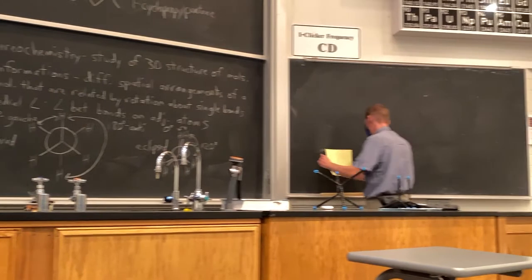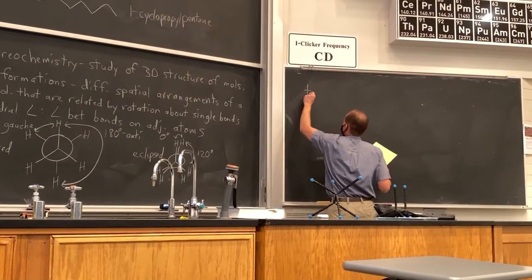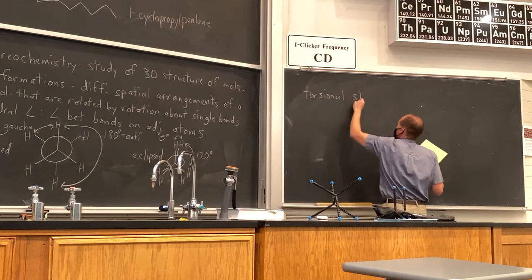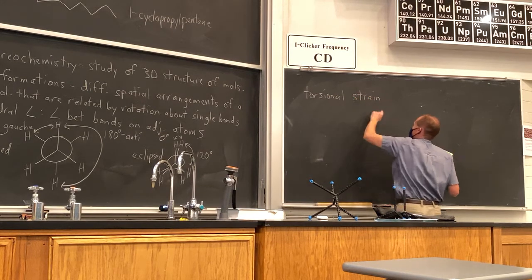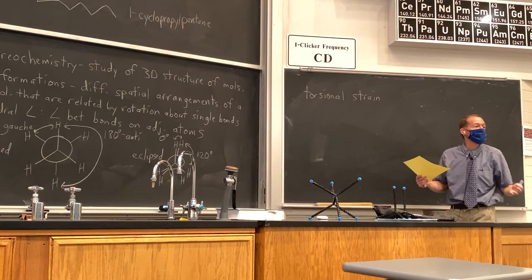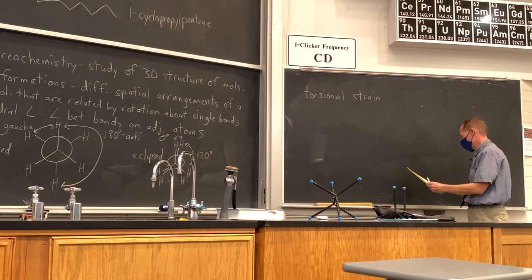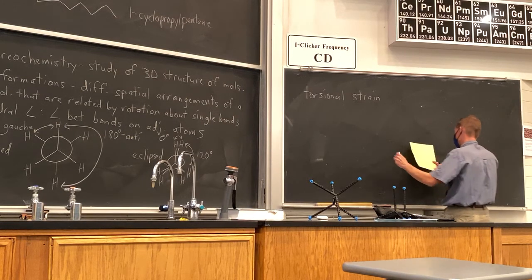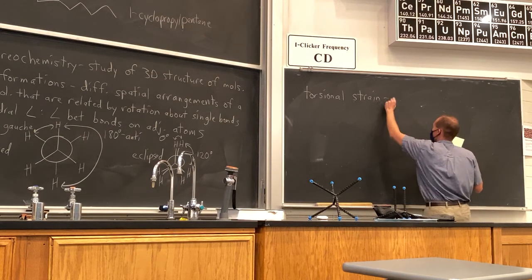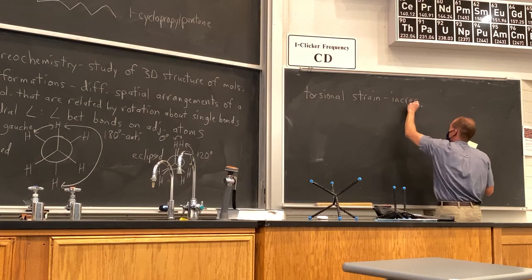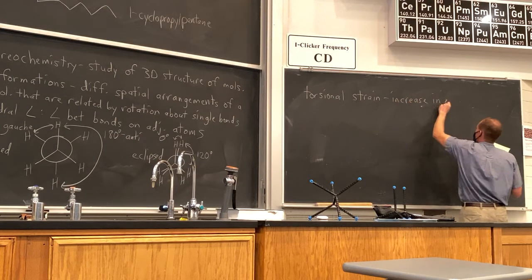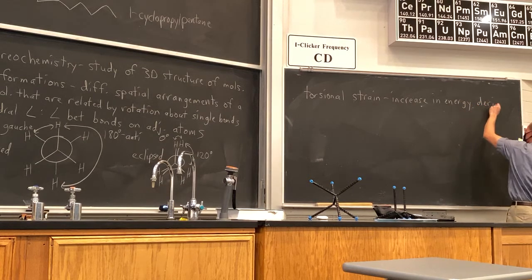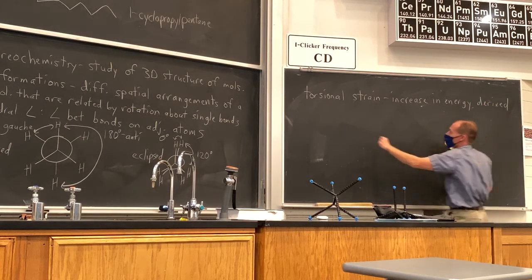The term is torsional strain. So strain refers to anything that destabilizes or increases the energy of a molecule or a conformation. Okay? So torsional strain is an increase in energy derived from eclipsing interactions.